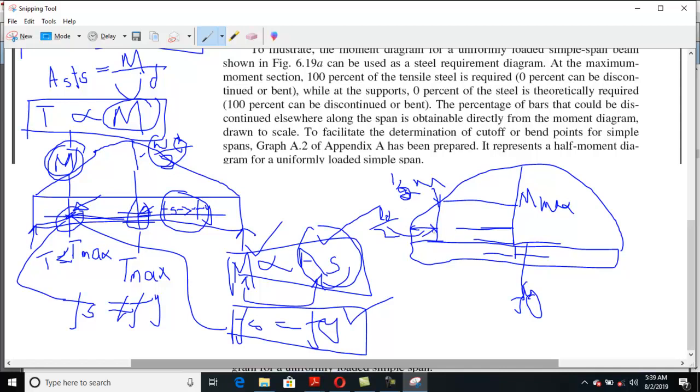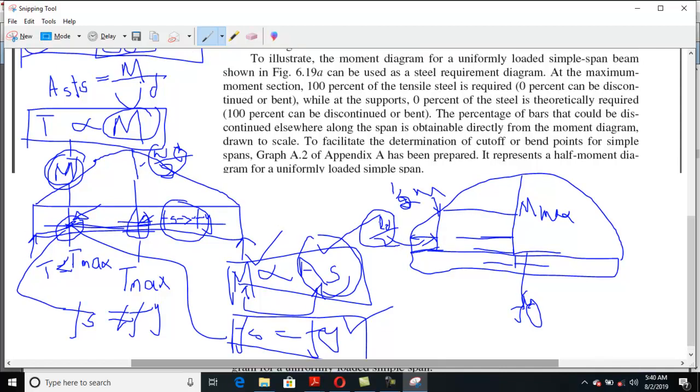So the development length can be reduced to L over 2. Theoretically this is true, but practically we will provide the full development length.